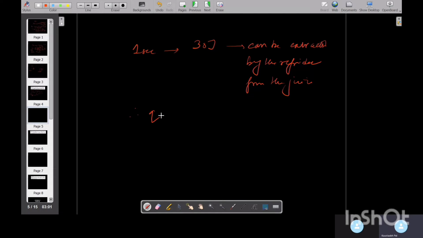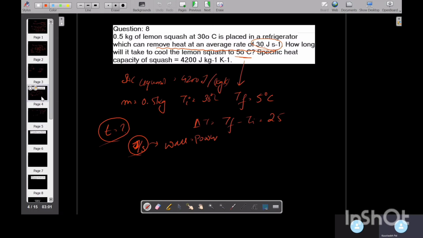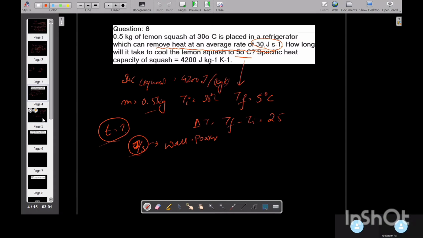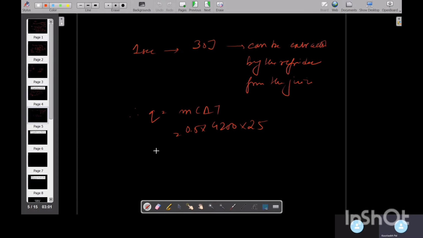So first step is find out heat, which is Q equal to mc delta T. What was mass? Let us go on to this page. What was mass? It was 0.5 kg. So mass is 0.5 kg. C is 4200 and delta T has how much? 25, right? Yes, it was 25. So let us now find it.